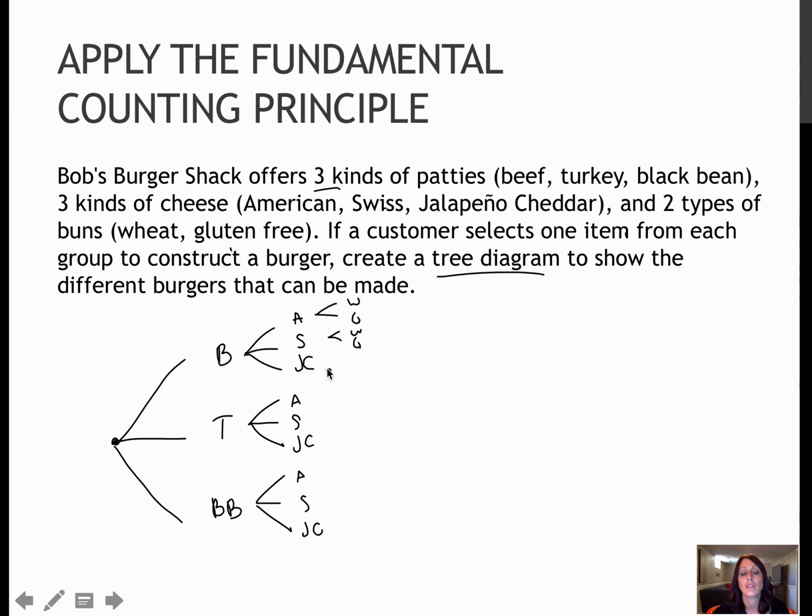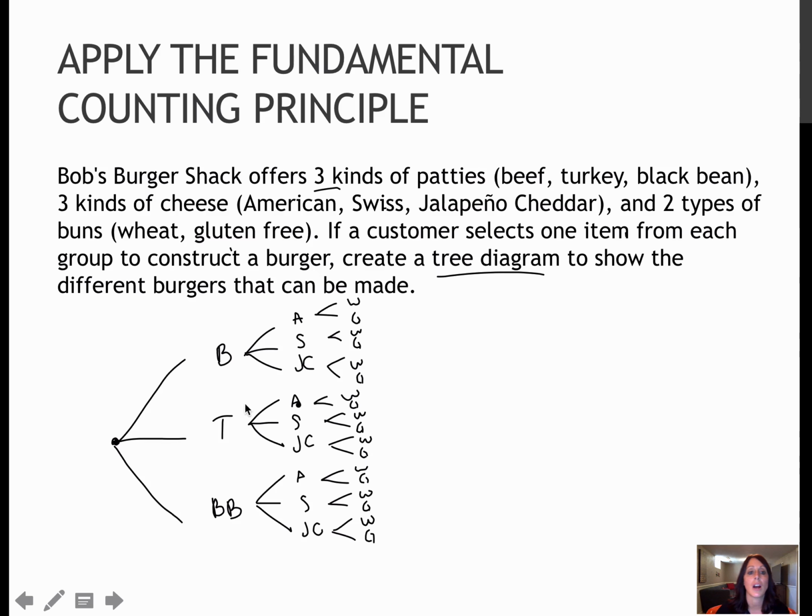Wheat, gluten-free, etc. Now, it seems very cumbersome to write all of this out, and really it is. I wouldn't recommend making a tree diagram unless they ask you to list all of the possible outcomes. So essentially, me writing this out is listing the possible outcomes.